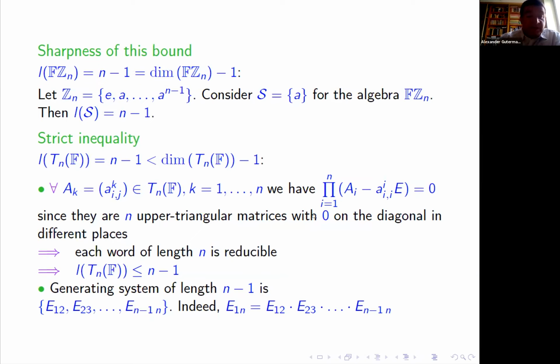And it's quite easy to show this. Just this particular equation will give you a linear dependence, which will allow you to reduce long words, words of length equal to n. And these are generating systems. This is a set of generators on which this bound is achieved, the n-1 bound for triangular matrices.